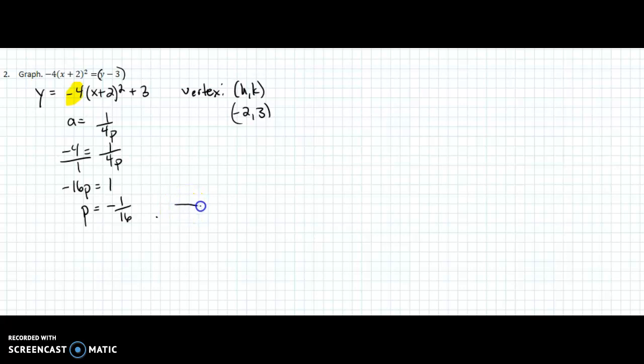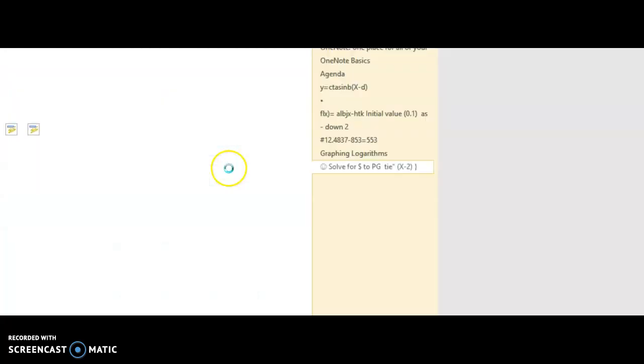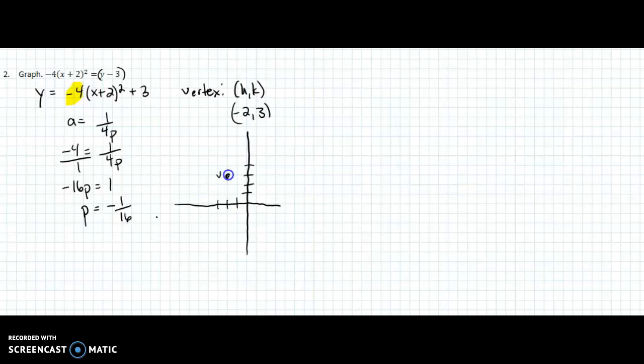And let's go ahead and graph this. This is going to be hard to see, but that's okay. So put your vertex on the graph at (-2, 3), and then my focus is going to be down.